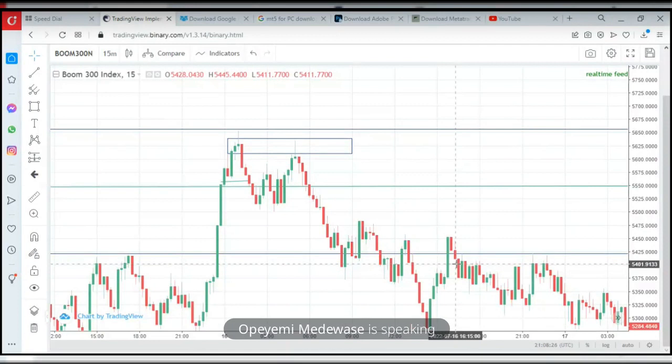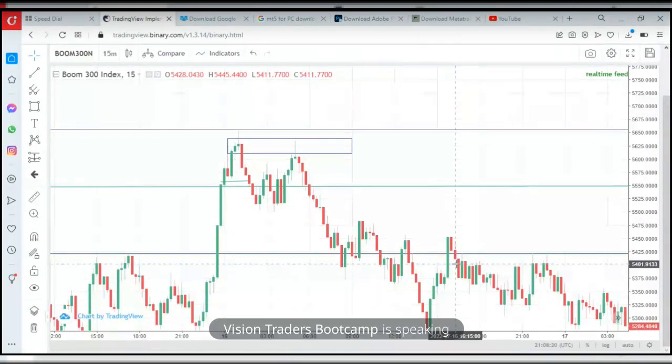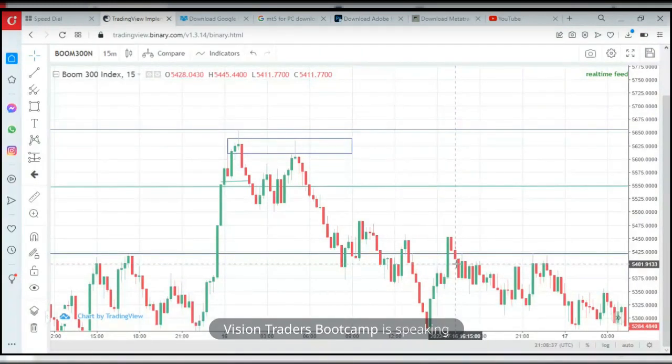Then we now have a BOS in our direction. Yes, in our direction. In as much as your market structure is bearish at that point, very, very valid. Or you've gotten a break of structure from a higher time frame, very, very valid.